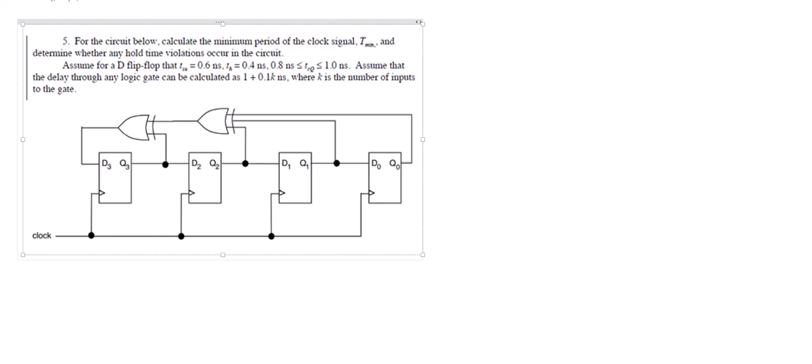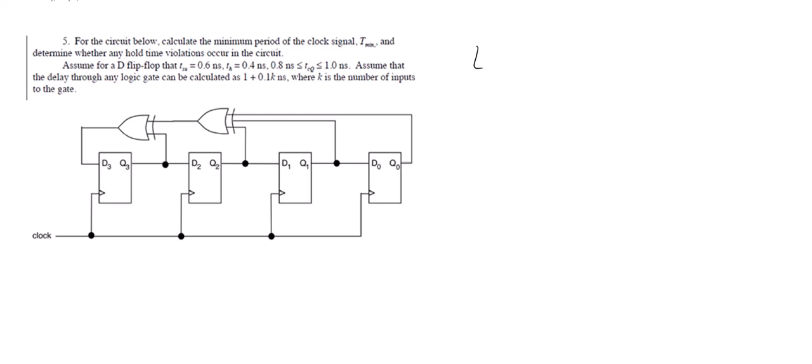So the first thing that you should know is that your minimum clock time is going to be TCQ. That's your propagation delay, and when you want to get your minimum time, you want to use the actual maximum you've got here. Because when we're saying minimum time, we're saying how much time we need to allow for the clock.